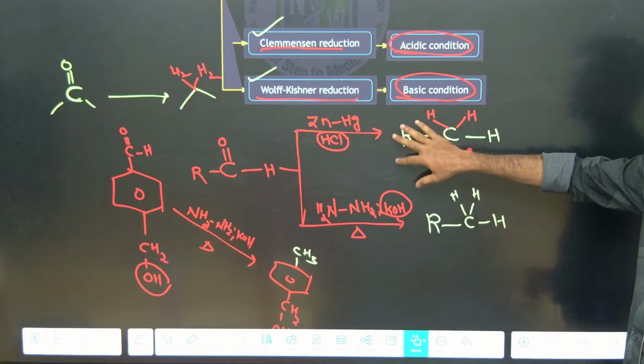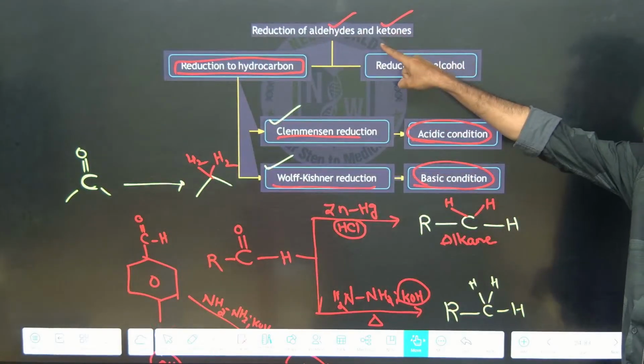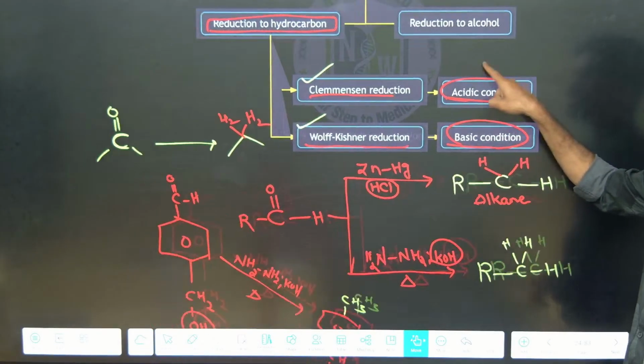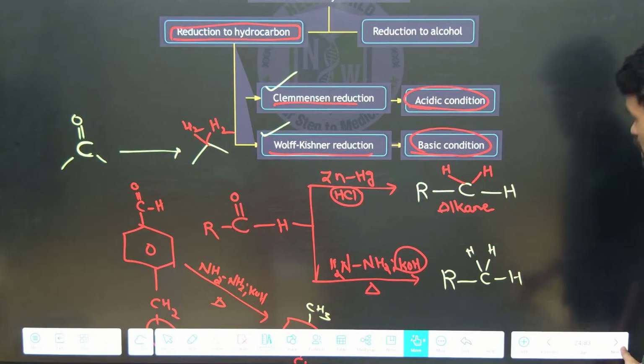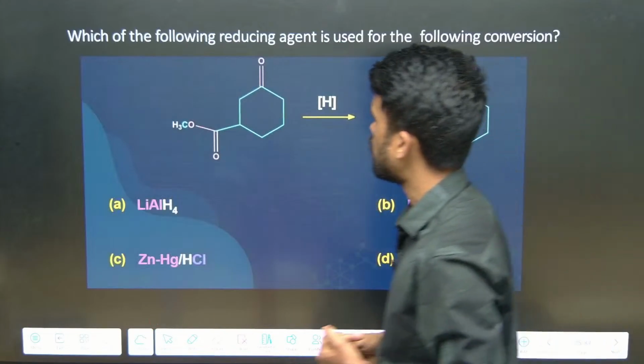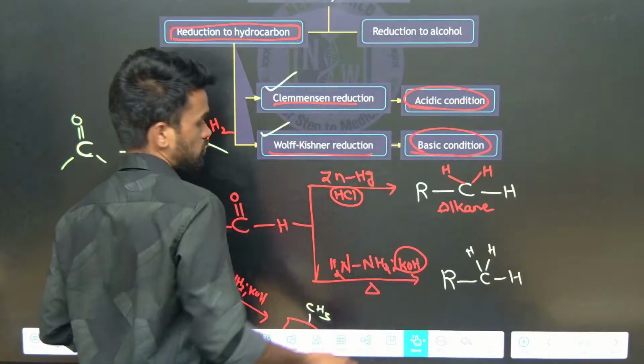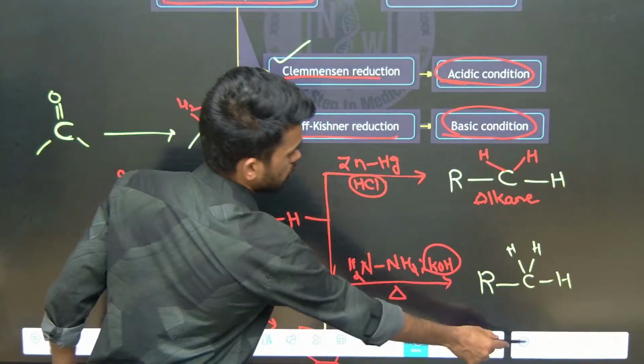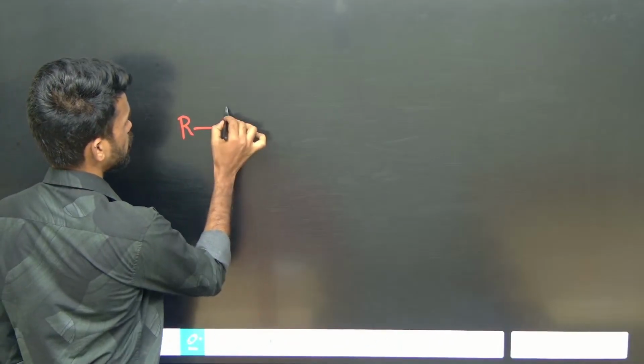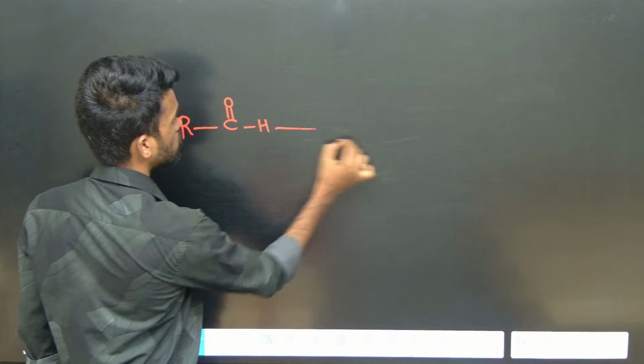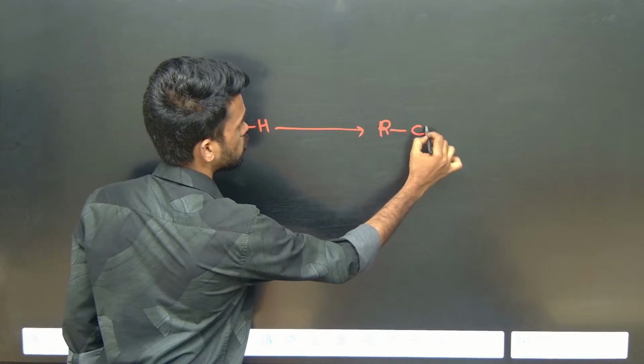Reduction of carbonyl compounds, aldehydes and ketones, to the respective alcohols will be discussed. We need to discuss the reduction of the carbonyl group to alcohols now.